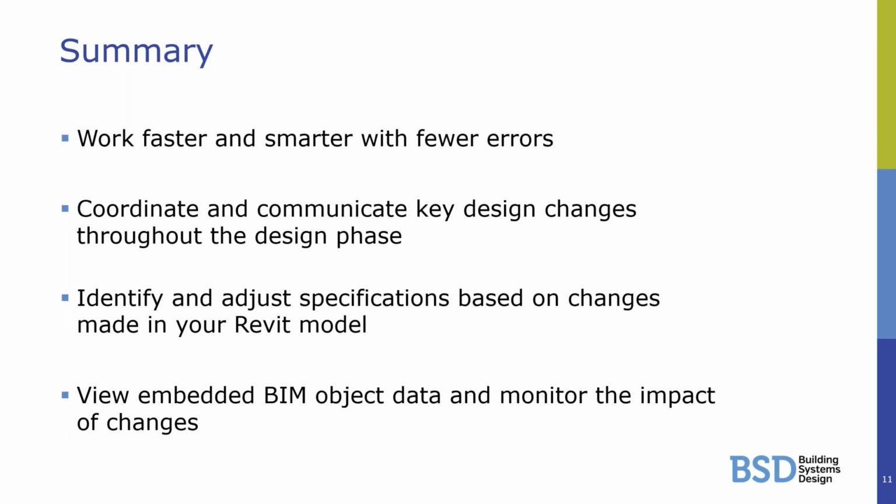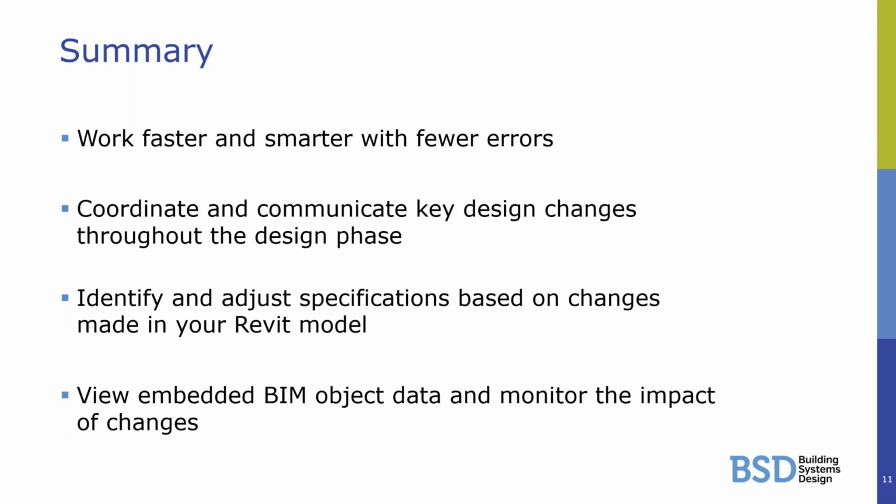So that's really leading us to remind you about some of the things that we talked about today. Obviously in thinking about the future of specifications in BIM, how they're getting closer and closer together. We shared with you how to work faster and smarter with fewer errors.